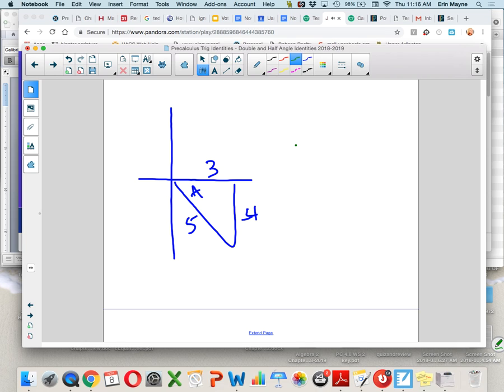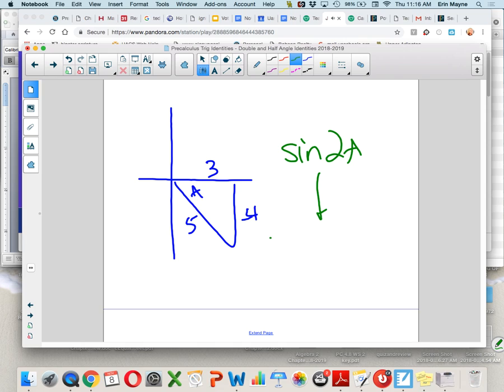What I'm asked to find is no different than before. I'm asked to find the sine of 2a, correct? What I taught you yesterday was to write down what the identity is. What is the sine of 2a? We've now done it like 18 times. Sine of a plus a.